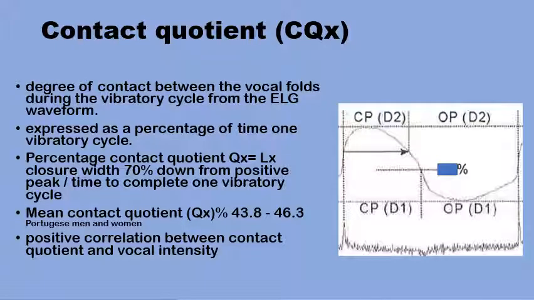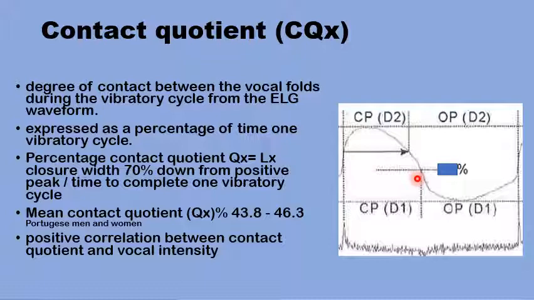Another useful index that can be extracted from the glottal area waveform is the contact quotient, which reflects the duration of the time the vocal folds are in good contact in relation to the time of the whole cycle.